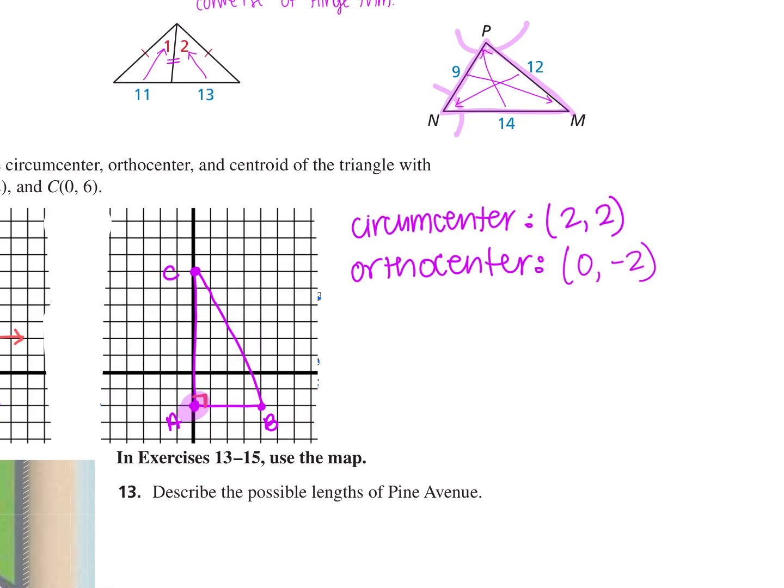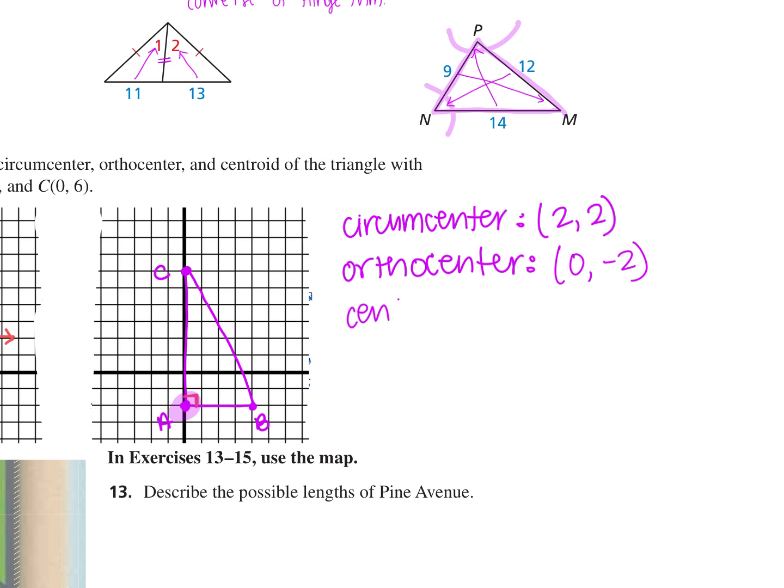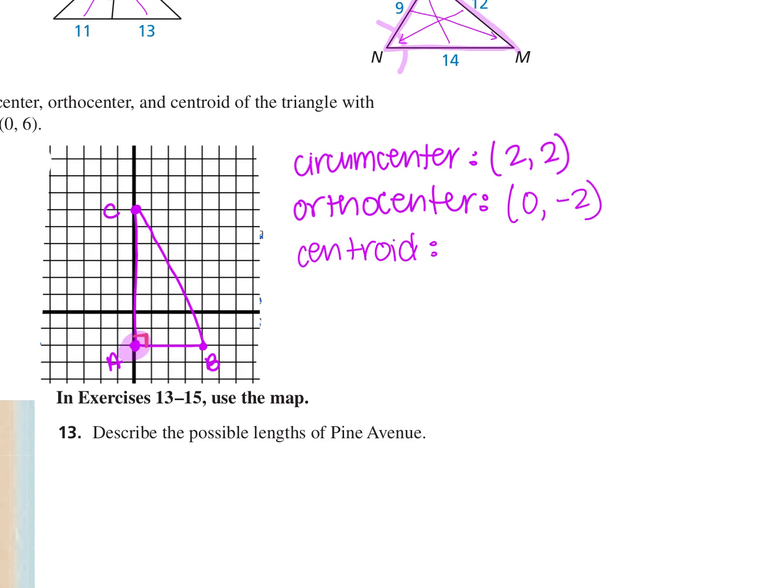All right, and the last one they're asking me for is my centroid. There is a trick for centroid. You do not have to graph it. I'm just going to add all my x's, divide them by 3, and add all my y's and divide by 3. So adding them, I'm going to have 0 plus 4 plus 0 over 3.